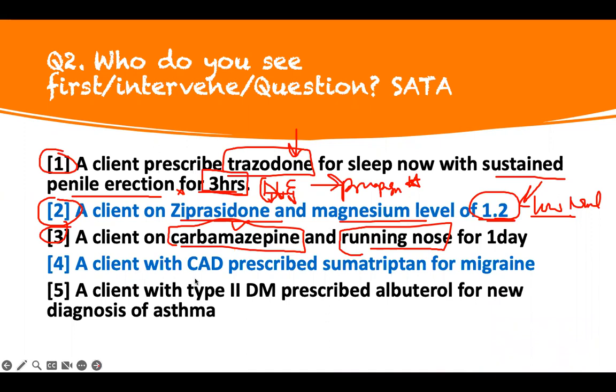A client with coronary disease prescribed sumatriptan for migraine. What do you think? I have coronary disease and you prescribe sumatriptan for migraine. This is the medication for migraine, sumatriptan. But what does it cause? Vasoconstriction.